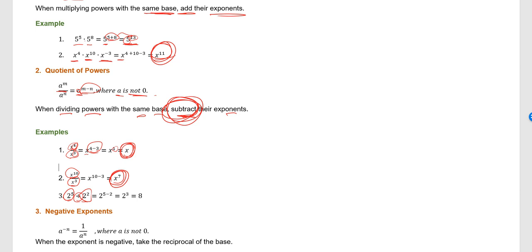So again, common base 2 and 2, and then the exponents are 5 and 2, so we write the base 2, and then we just subtract: the first exponent minus the second exponent. Right, so 5 minus 2 is 3, so 2 to the 3rd is 8.